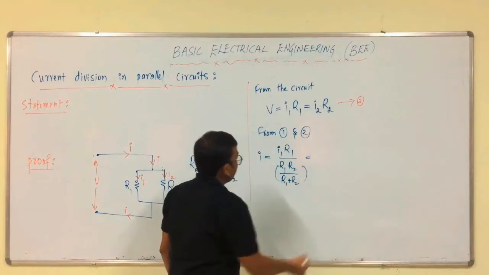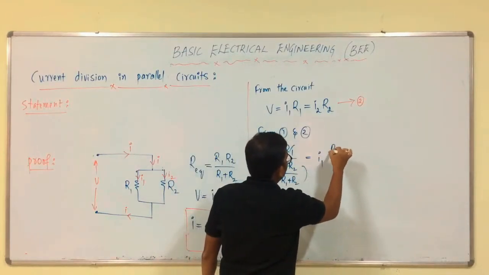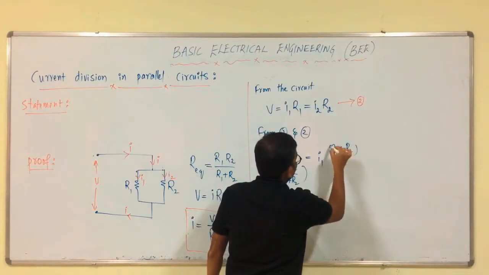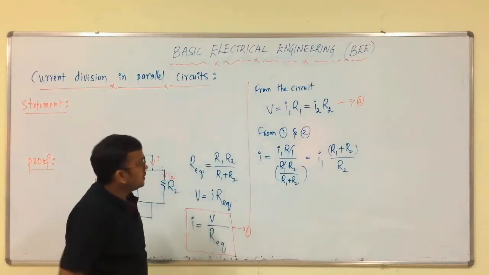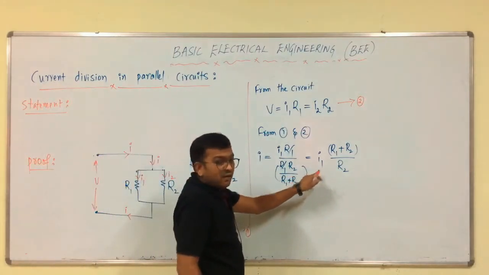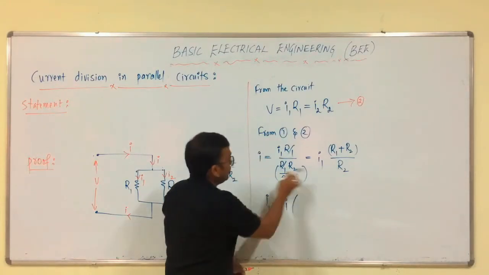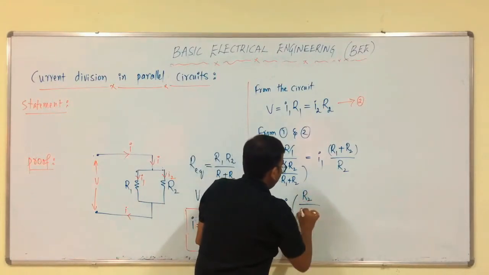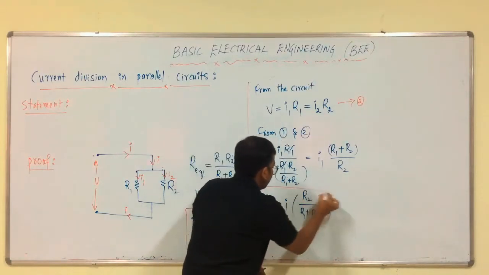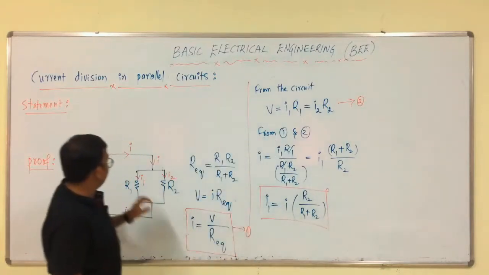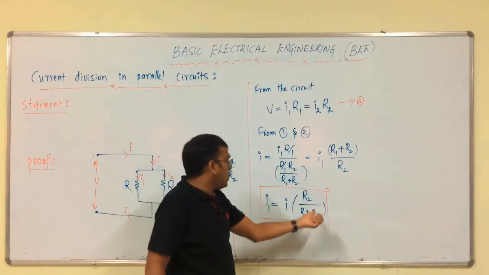R1 and R1 cancel, which is equal to I1 into R1 plus R2 by R2. So, from this I1 is equal to total current into R2 by R1 plus R2. This is the current through this branch, that is total current into R2 by R1 plus R2.